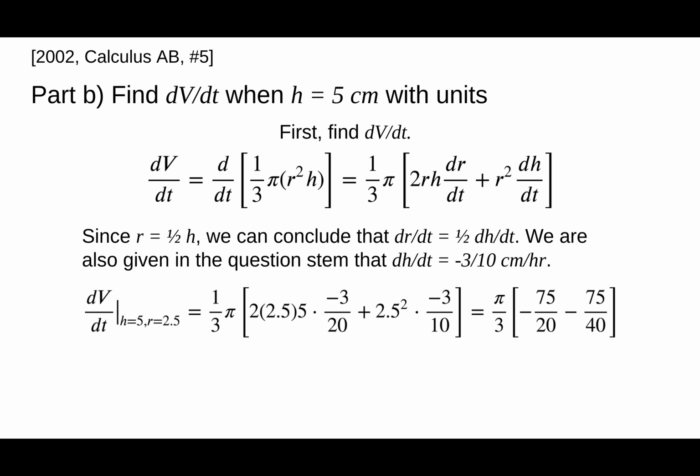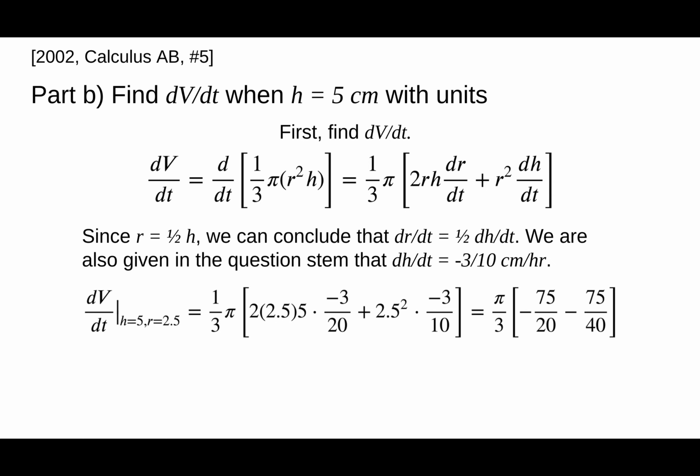1/3 pi times (2r, where r is 2.5, h is 5, dr/dt is -3/20, plus r squared, again r is 2.5, times dh/dt, which is -3/10). Do a whole bunch of simplification, and unfortunately this is not a calculator problem, so you do have to do this simplification yourself by hand. It isn't terrible, but it is a little bit time consuming.